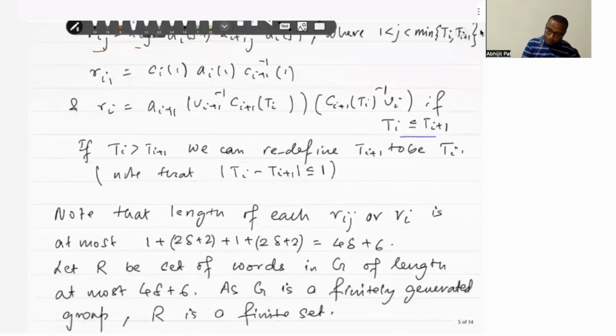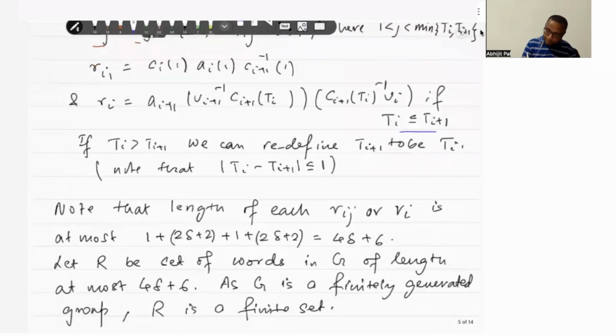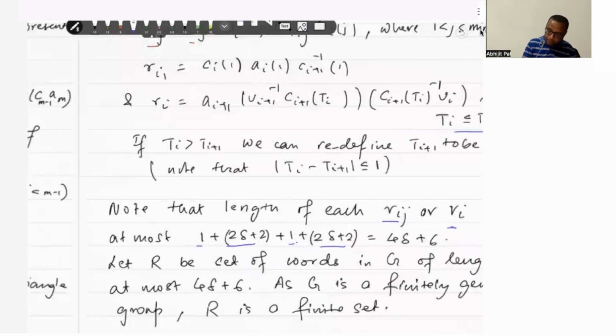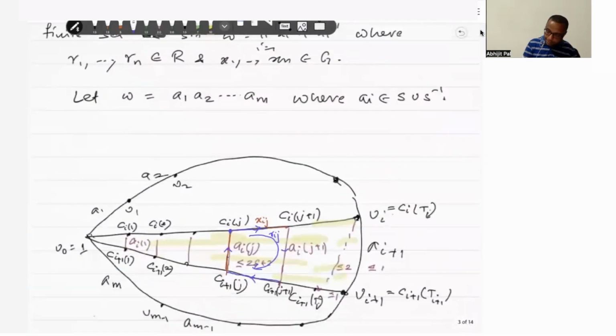So now note that the length of each of these Rij or Ri is at most 1 plus 2 delta plus 2 plus 1 plus 2 delta plus 2. So let us consider this picture Rij.